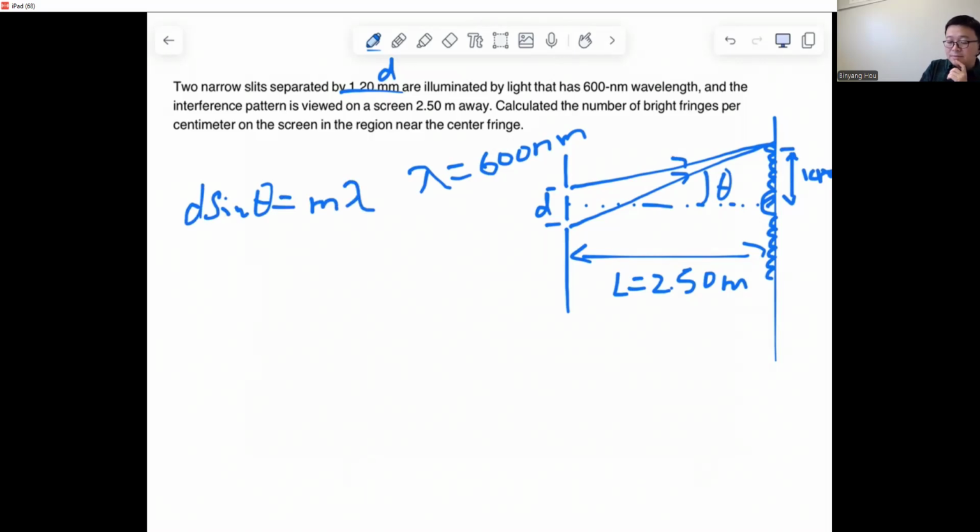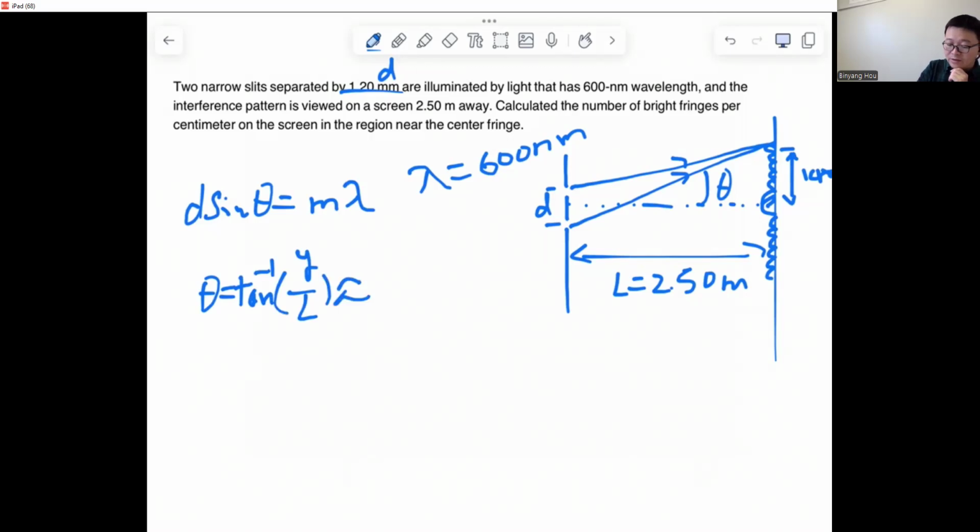So here theta is related to, if you do y, the 1 centimeter, y over L, that actually is tangent theta, right? So theta then is tangent inverse of that.